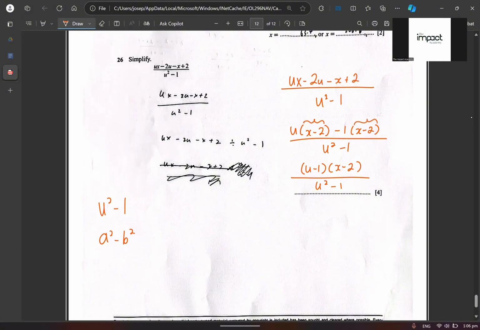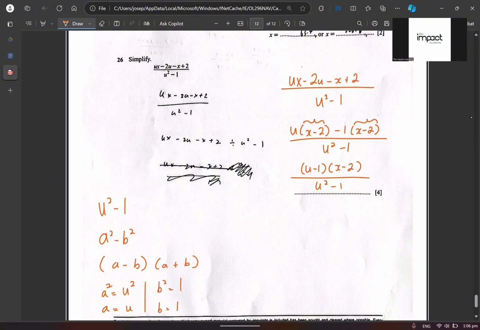You agree or disagree? Listen to me first. Then after that, your u squared minus 1 is a squared minus b squared, right? A squared minus b squared is also a minus b, a plus b. True? Okay, what's your a squared? u squared. A is u, right? What's your b squared? 1, right? What's your b?